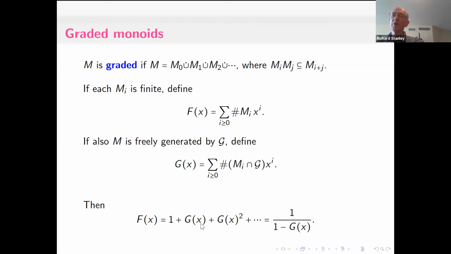So we sum this up over all n greater than or equal to 0, and we'll get the generating function for F of x, 1 over 1 minus G of x. It's a very common situation in enumeration that a generating function has the form 1 over 1 minus some other generating function, and there should be some free monoid lurking in the background there.